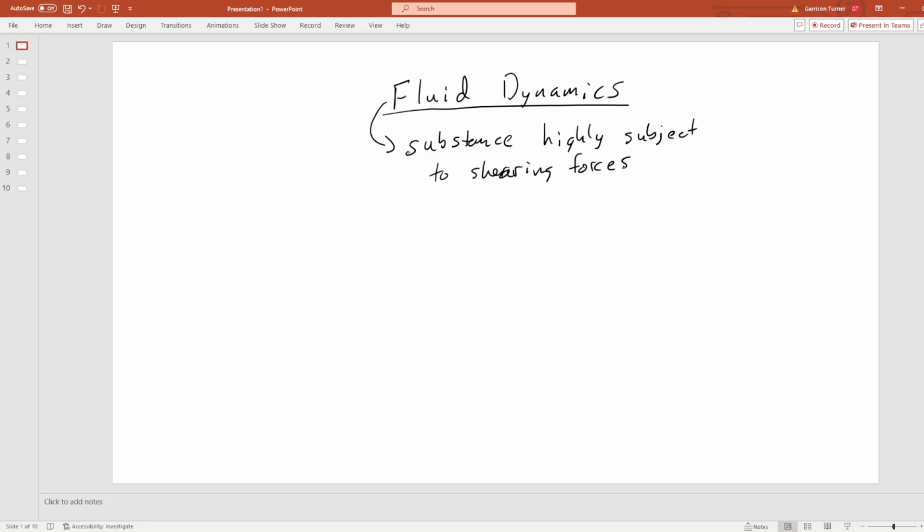And what this means is that the molecules, while they can be bonded, don't necessarily have to be as strongly bonded as solids. So, for example, this shearing force issue is why when I put water into a container, like a pitcher, and then I can pour the water out, the water will take the shape of whatever container it's poured into, right?